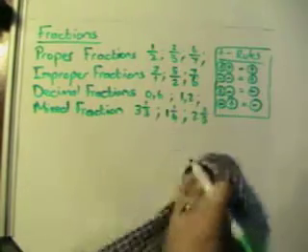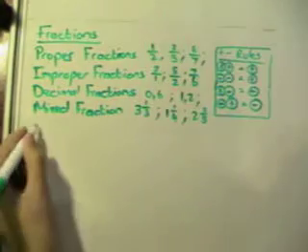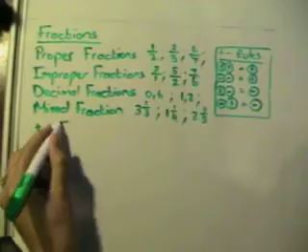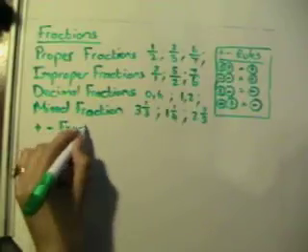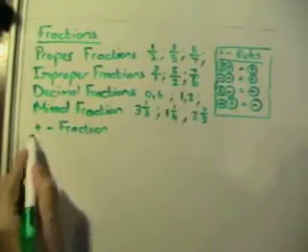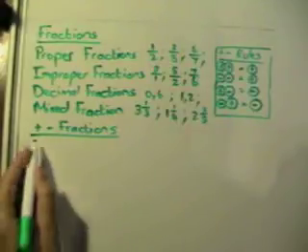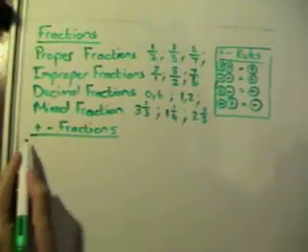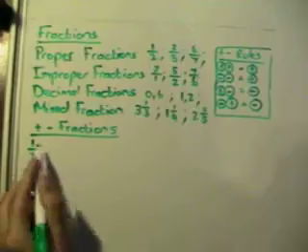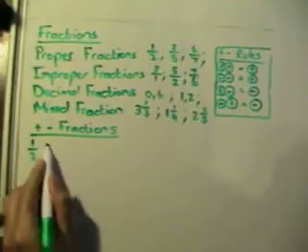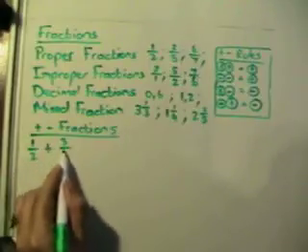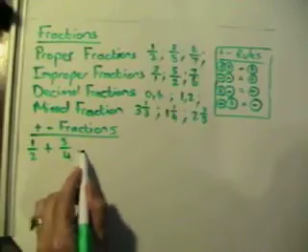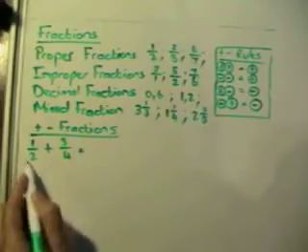So let's quickly look at adding and subtraction of fractions. Now when you add and subtract with fractions, what you ultimately want to do is get the denominator the same. So if I have, for instance, a half plus 3 over 4, I want to get the denominator the same.